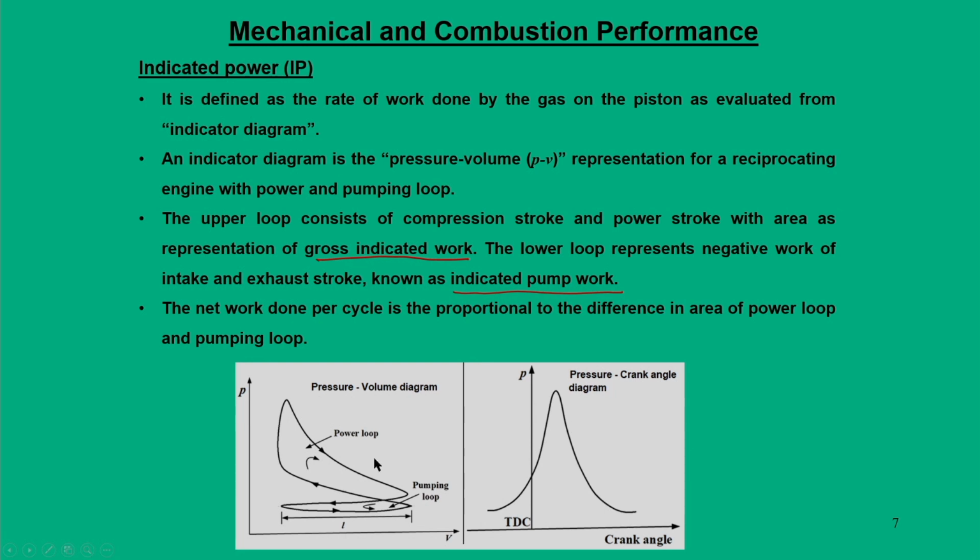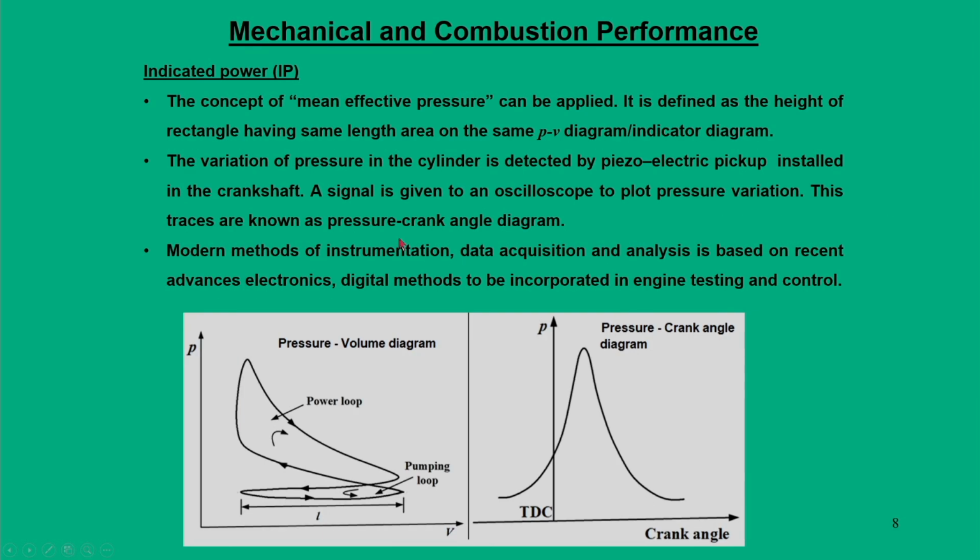In these two plots, one PV plot gives you the thermodynamic estimates, and that can be correlated with the rotational motion of the crankshaft in the pressure crank angle diagram.